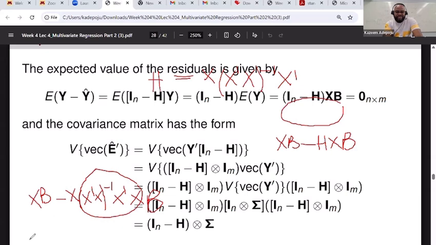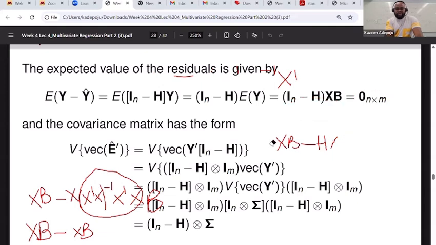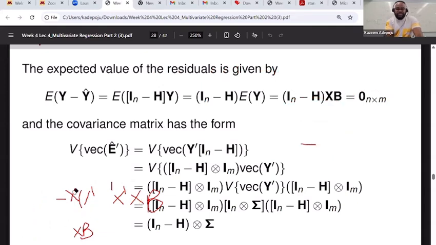And you're just going to see that we end up having Xβ minus Xβ. And that would be 0, which is why this is going to be 0. Now, we've been able to show that the expectation of that equals 0.